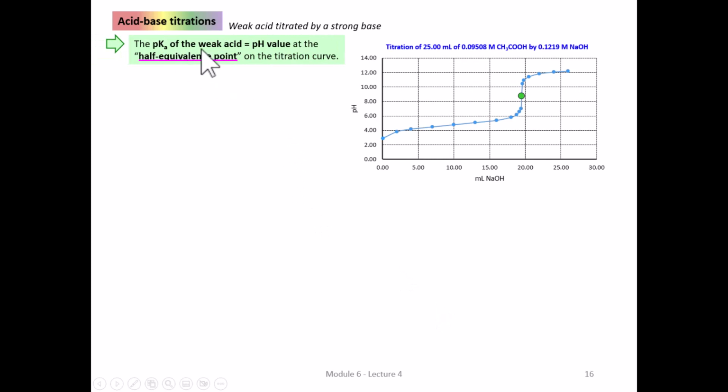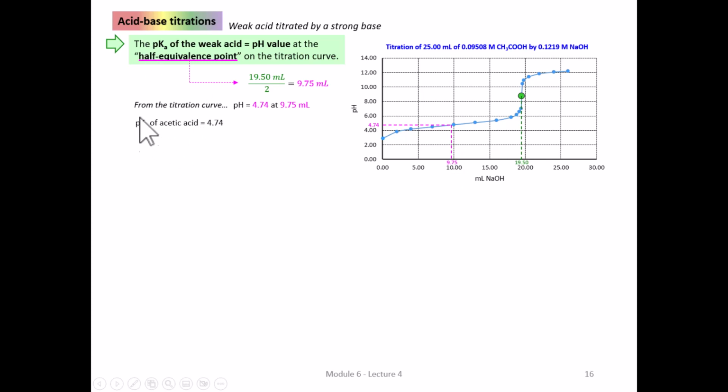The pKa of the weak acid is equal to the pH value at the half equivalence point on the titration curve. The equivalence point volume is 19.5. If you divide that by 2, you get the half equivalence point, which would be at 9.75 milliliters. From the titration curve, we can read a pH of 4.74 at this half equivalence point.